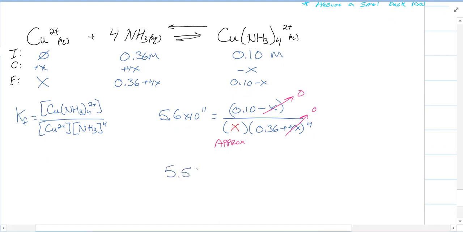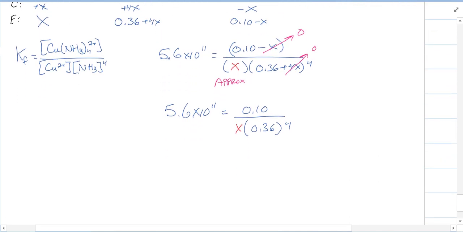I get 5.6 times 10 to the 11th equals 0.01 all over X times 0.36 to the 4th. Well, I can solve for X, can't we? X equals 0.01 divided by 5.6 times 10 to the 11th and 0.36 to the 4th.